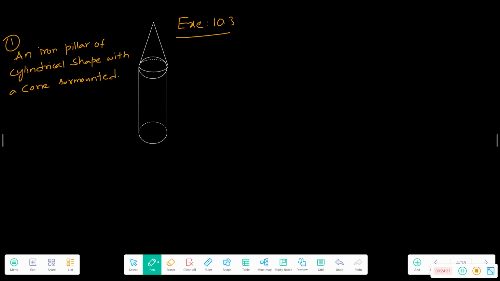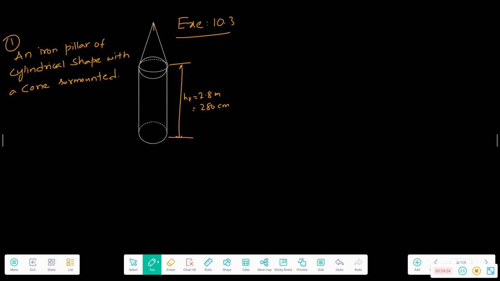So the height of the cylinder, let it be h1, is given as 2.8 meter. We can write it as 280 centimeter.